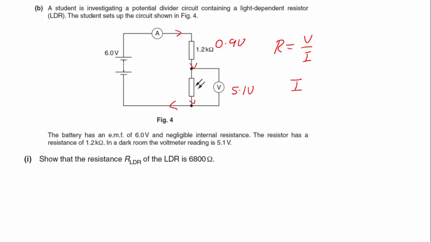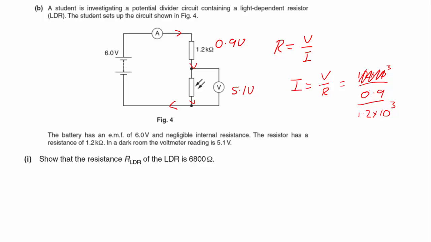So that current is going to be V over R, which will be 0.9 over 1.2 times 10 to the 3.